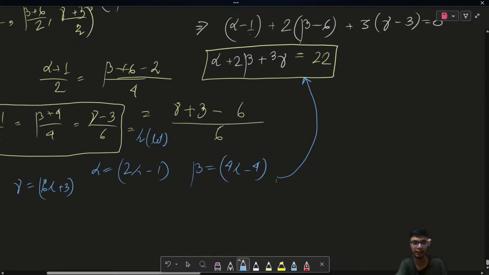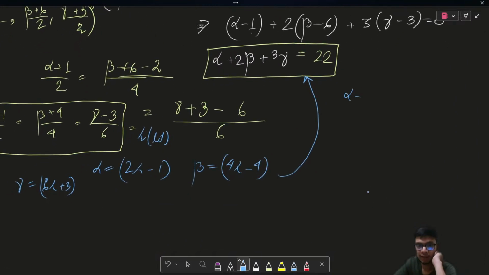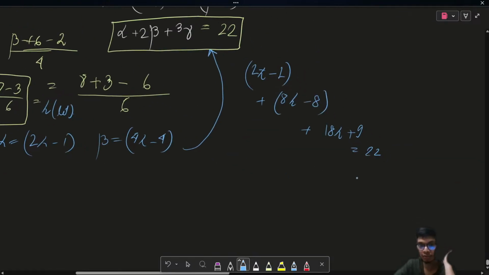So if I put that in the following equation, I will have 2 lambda minus 1 plus 8 lambda minus 8 plus 18 lambda plus 9 is equal to 22, which I can solve as 28 lambda minus 9 is equal to 22.